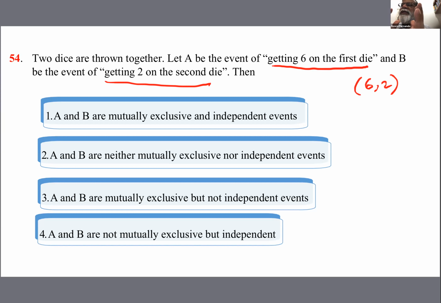A and B together can happen when the first die shows 6 and the second die shows 2. You know that the sample space contains 6 into 6 ordered pairs, starting from 1,1 and ending with 6,6, with 1,2, 1,3 like this.